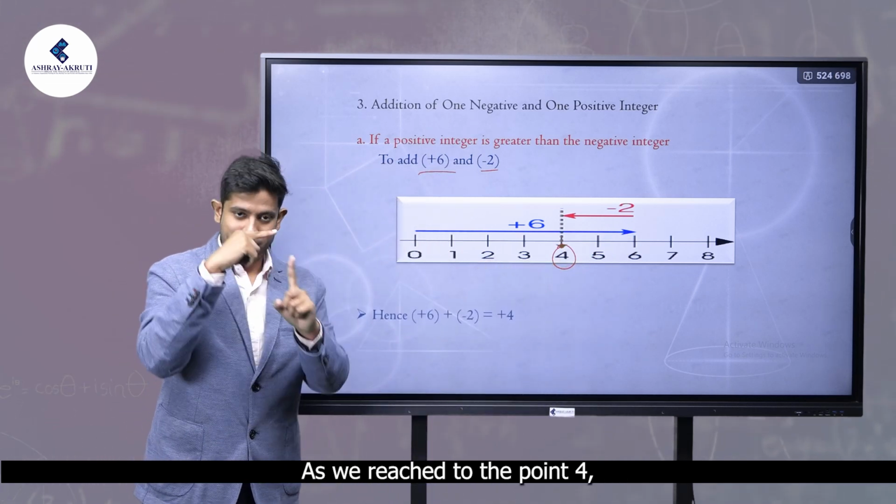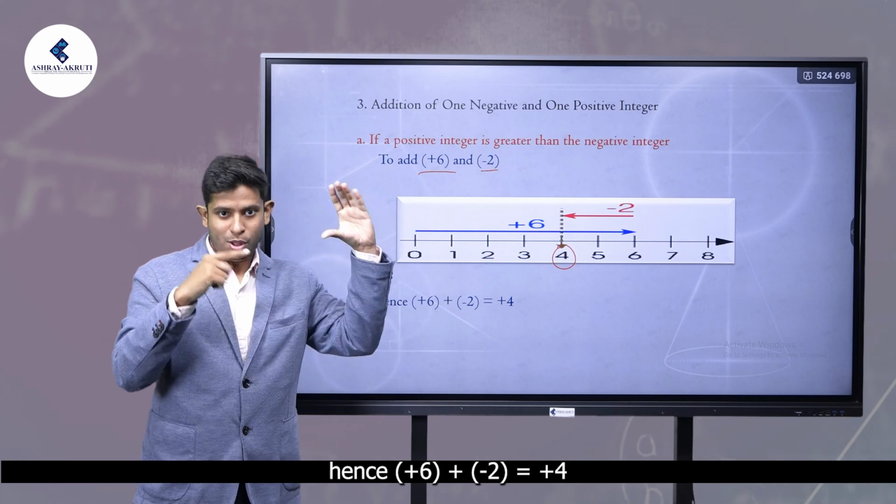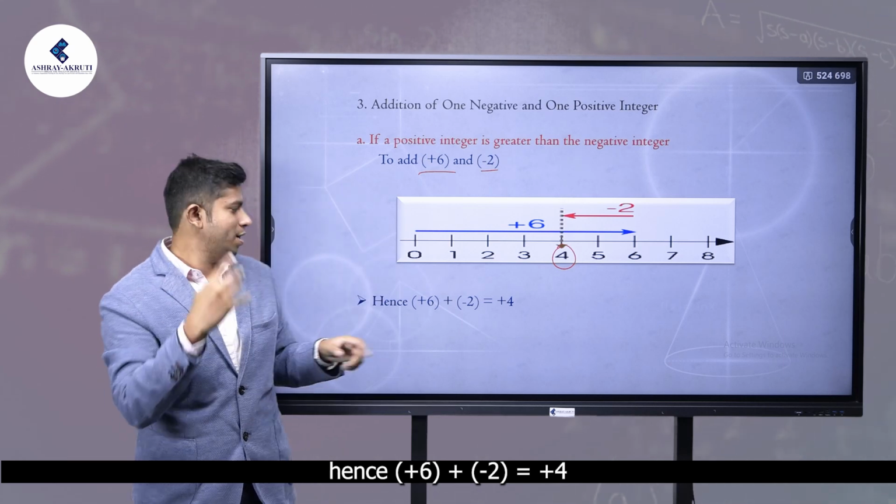As we reach the point 4, hence plus 6 plus of minus 2 is equal to plus 4.